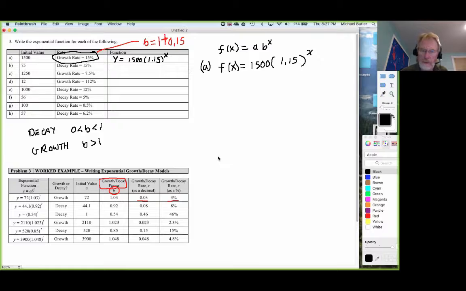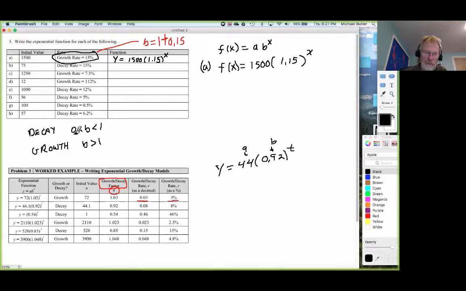So in decay, now they're telling us that y is equal to 44. That's our initial amount, so there's your A right there, times 0.92 raised to the t. So our base, our B, that's the 0.92, isn't it?